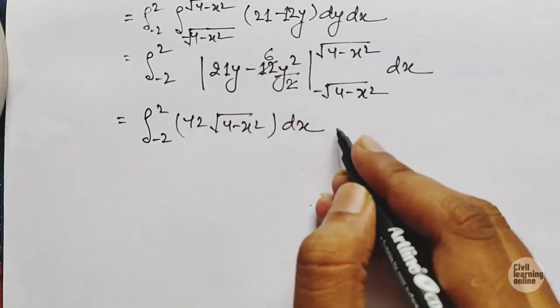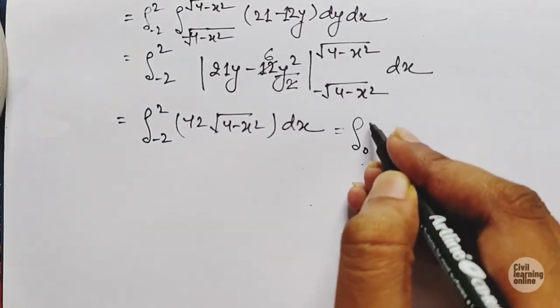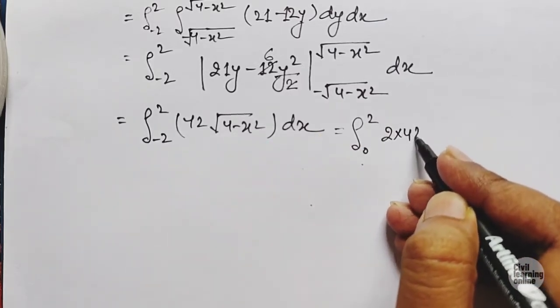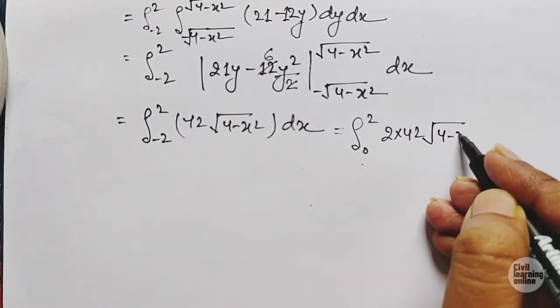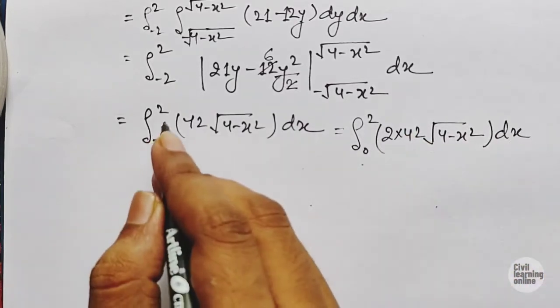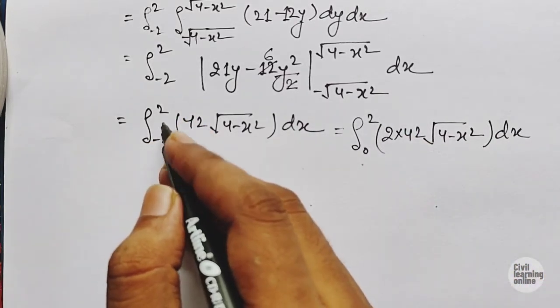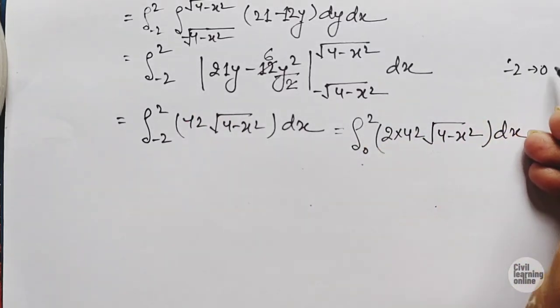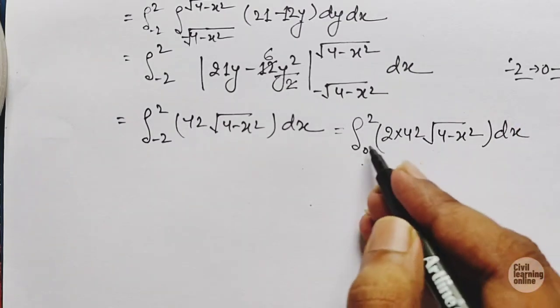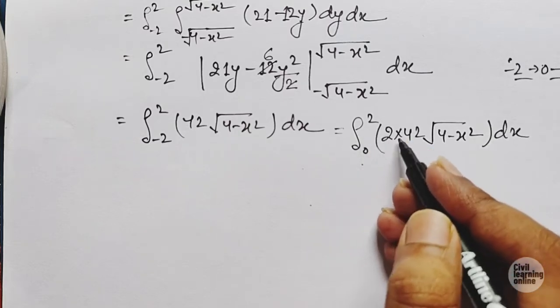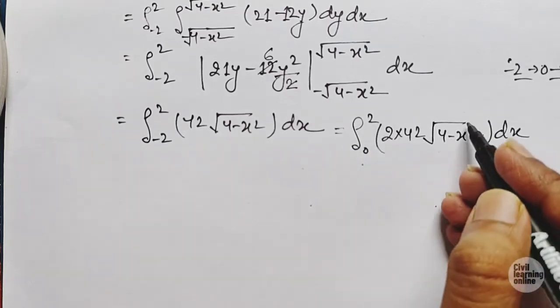We can rewrite it as integration from 0 to 2 and 2 times 42 root under 4 minus x square dx, because the value is repeated, minus 2 to 0 and again 0 to 2, so we can directly write it as 0 to 2 and 2 times 42 and then the expression.